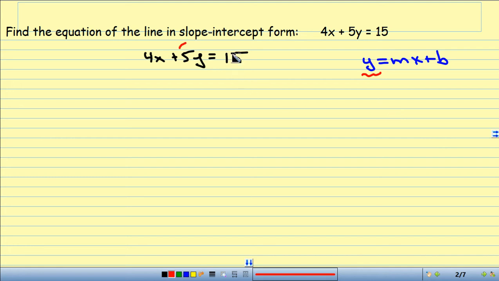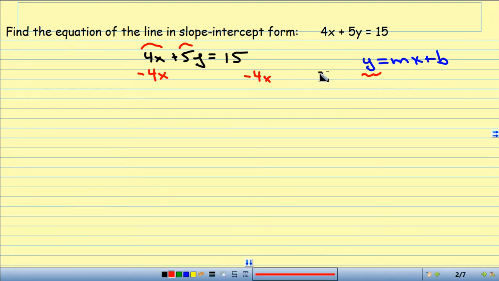That means I need to get rid of this 5, and I need to get rid of the 4x. And I start with the stuff that's farthest away from the y. So in this case, the 4x. The way I get rid of that is by subtracting 4x on both sides, but I'm not going to stack it under the 15 because this 15 doesn't have an x.